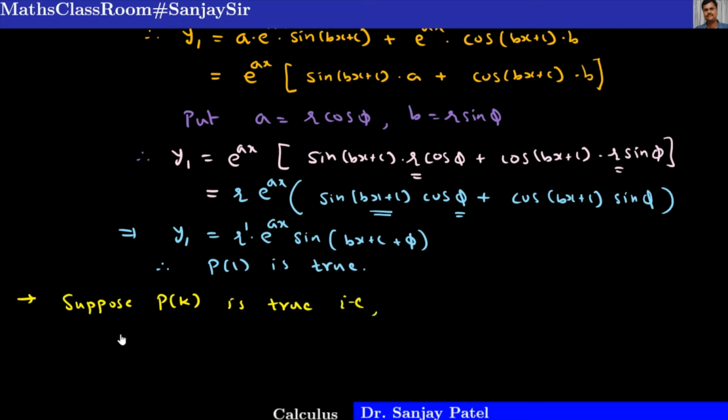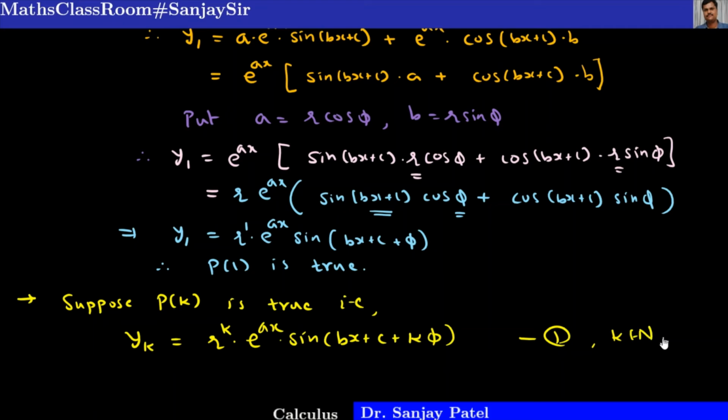And that is, we have yk is equal to r raised to k into e raised to ax into sine of bx plus c plus k into phi for some k belongs to n. Here k is any number, but it is fixed.